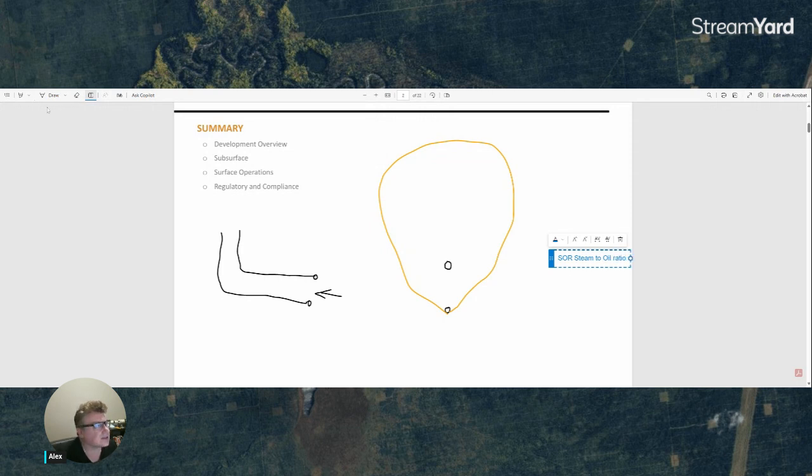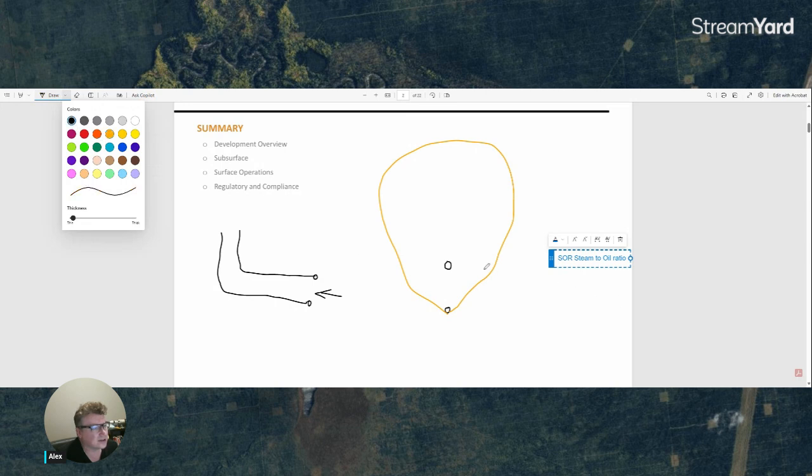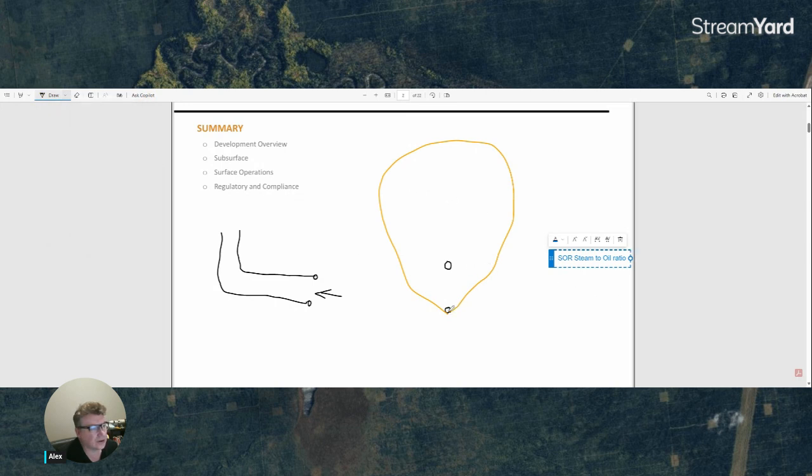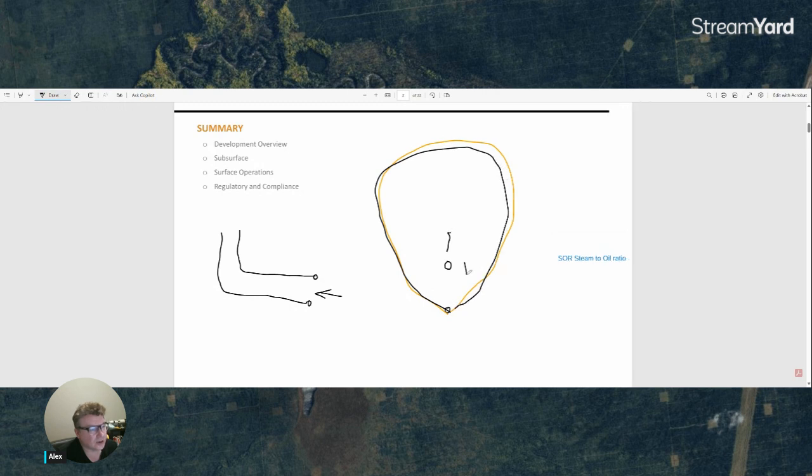What we said is that in late life you have a very big cavern, and as steam is being injected, oil is getting produced, but over time that steam to oil ratio tends to increase. On a chart, and we will look at some examples, you will see something that looks like this over time. So this is time, this is SOR, and we have the situation where SOR is increasing over time.